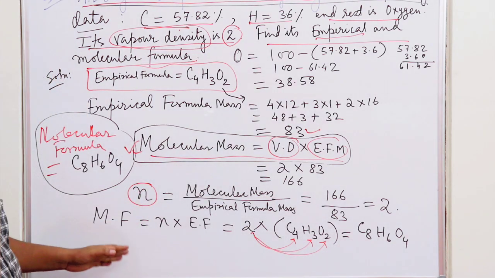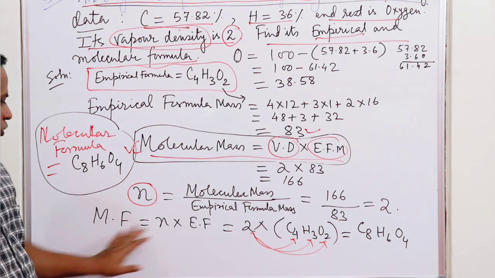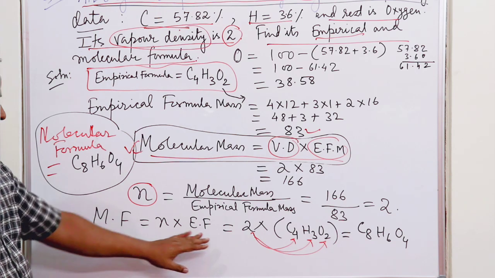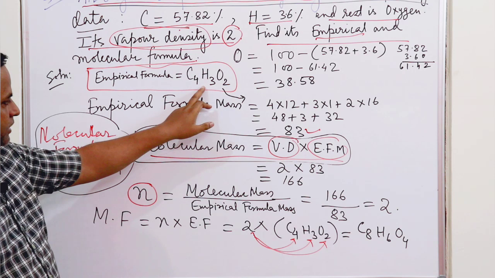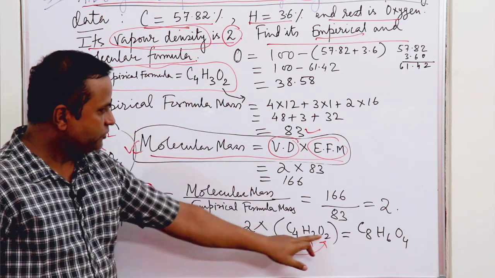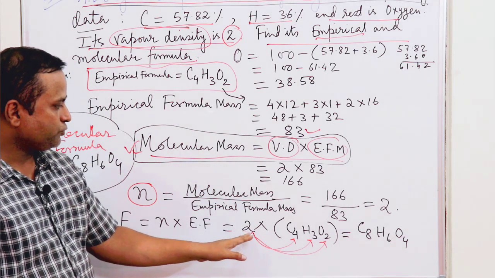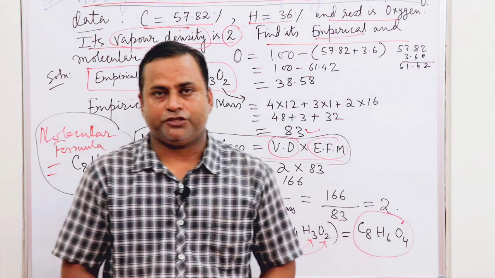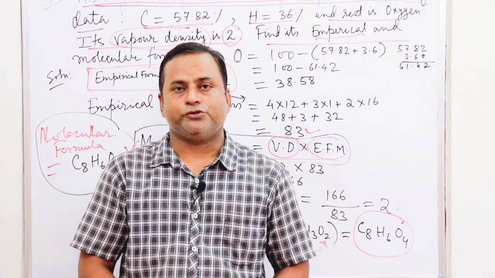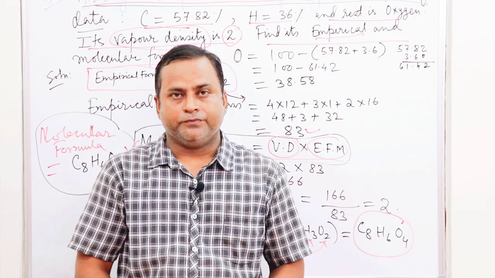Then molecular formula is the empirical formula multiplied by n. We have already calculated the empirical formula as C4H3O2. You just multiply this by 2, so we get the answer. So this is another kind of question which tells you how to find the molecular formula.